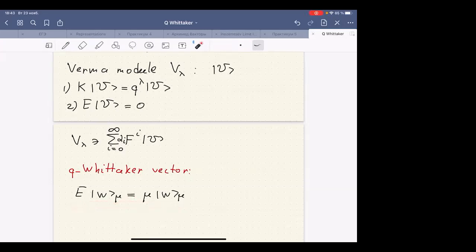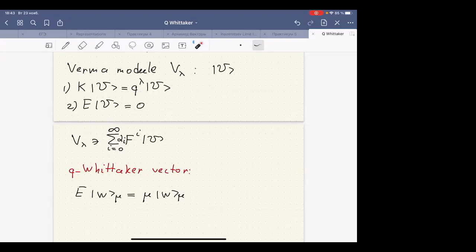Here it is very important that we consider SL2, and SL2 is very simple. Because of this, the definition of the Whittaker vector is just the same as in the non-quantum case. For SL3, SL4, and other quantum groups, we will have a different definition, because we'll have q-Serre relations.